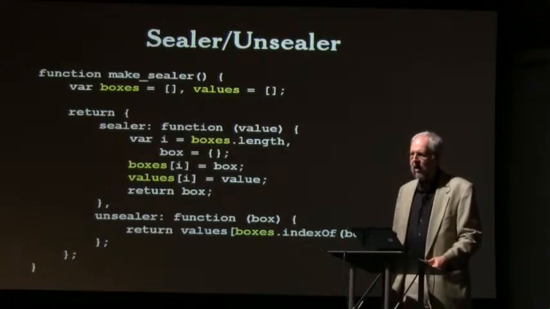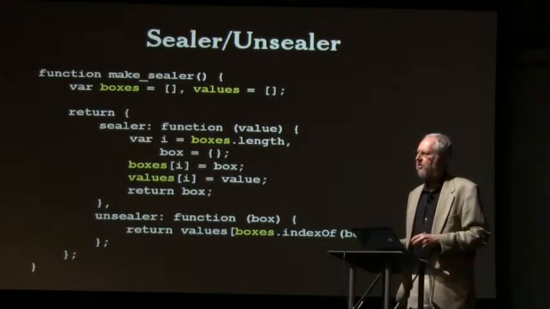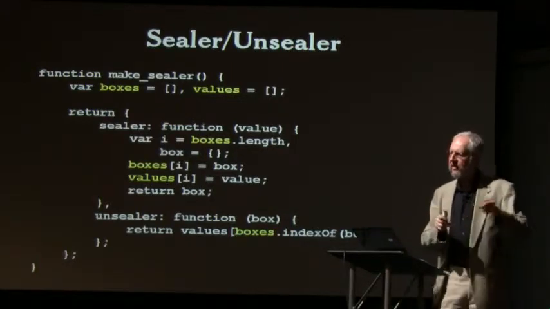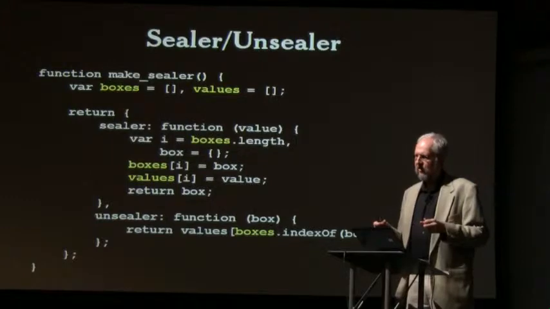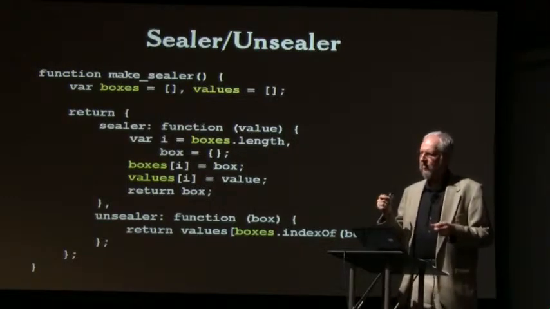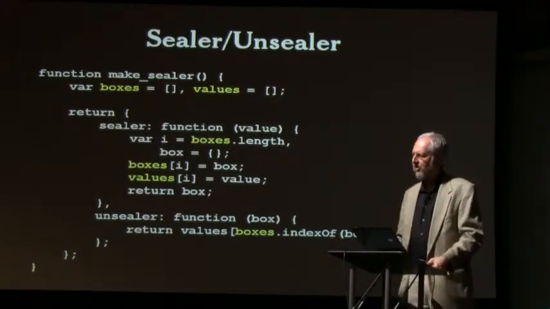We'll look at one more. Sealers and unsealers. Sometimes we'd like to be able to pass secret information around through the application. So say that I give to you a secret envelope, and I tell you, give it to the cashier, and the cashier will take care of you.